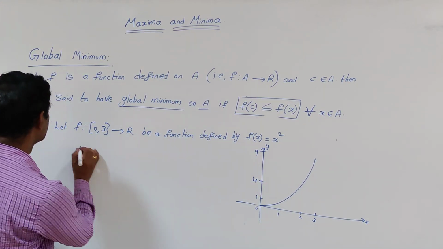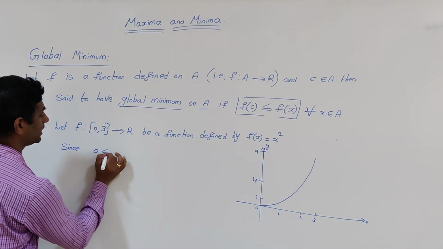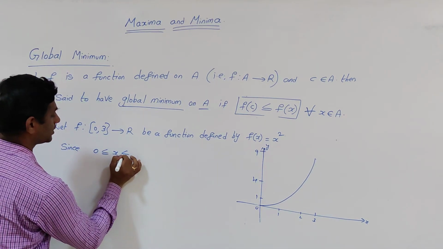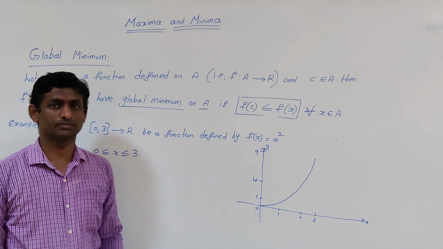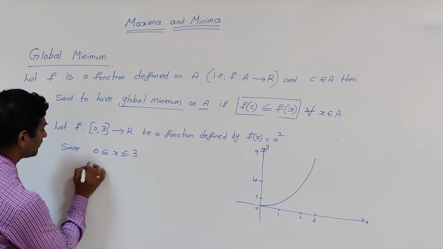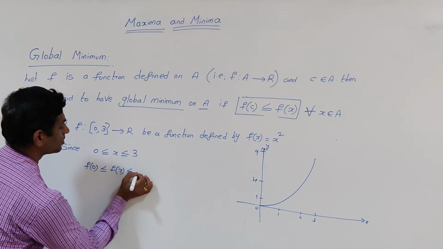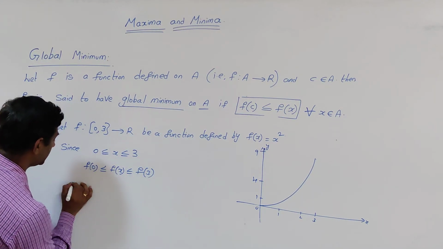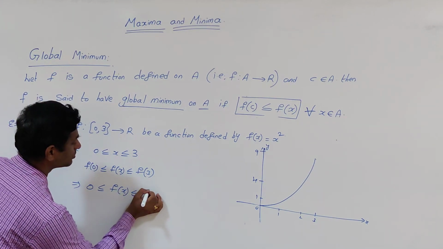So if x lies between 0 and 3, that is, 0 is less than or equal to x, which is less than or equal to 3, because the domain is 0 to 3. Now what about the outputs? f(0) will be less than or equal to f(x), which will be less than or equal to f(3), that is, 0 is less than or equal to f(x) is less than or equal to 9.